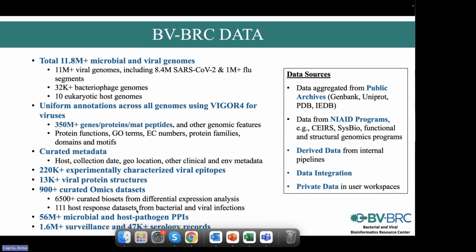And all of this comes from public archives like GenBank, UniProt, PDB, IEDB, and from NIAID programs like SEERS, SysBio, functional and structural genomic programs. We also derive data from our internal pipelines and integrate that data, as well as there's plenty of other private data in your user workspace, but we don't have any information on what that is because that is private to you. And one data type that isn't listed on here is our sequence feature variant type data.